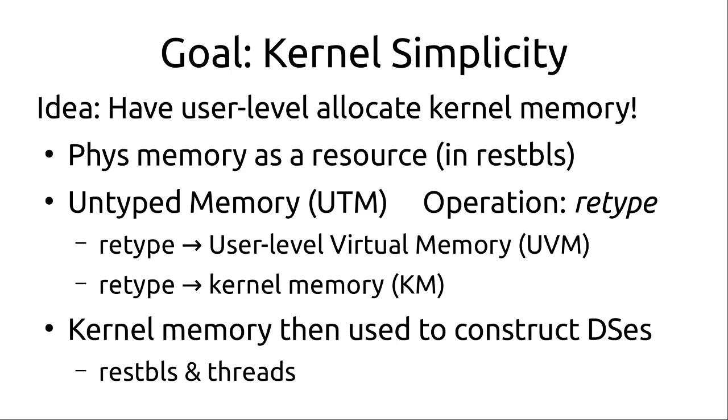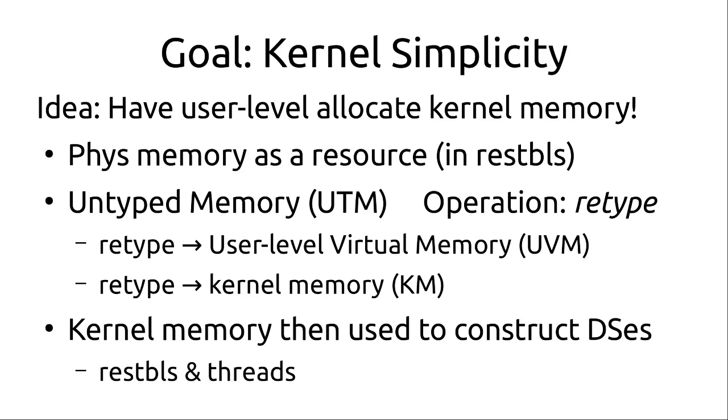Somehow, this kernel memory itself, when we have retyped untyped memory into kernel memory, that KM must then be used to construct the data structures of the system. And in Composite, there are actually only two data structures that require this kernel memory: resource tables, which again means either capability table nodes or page table nodes, and threads.